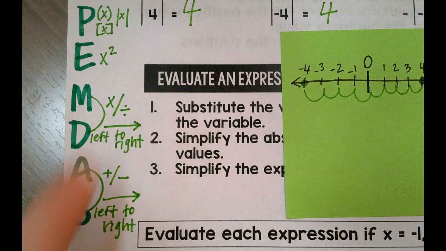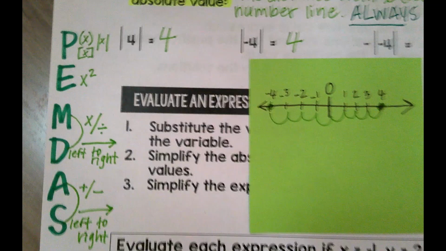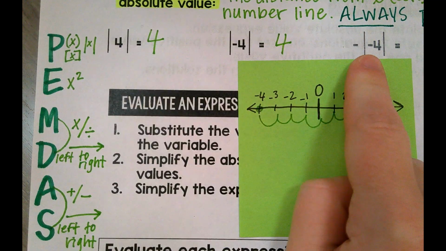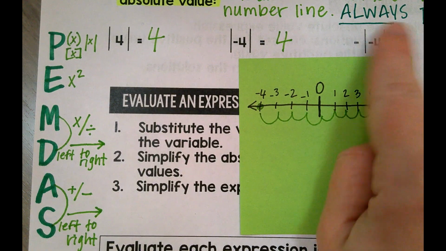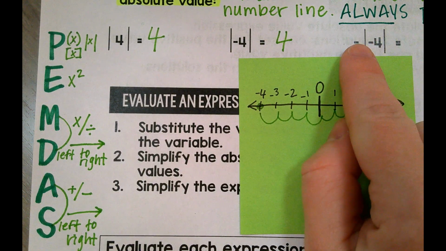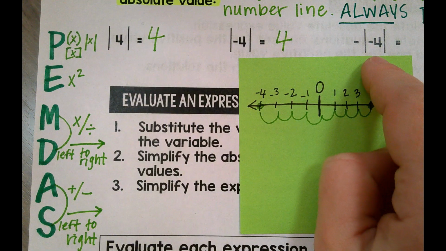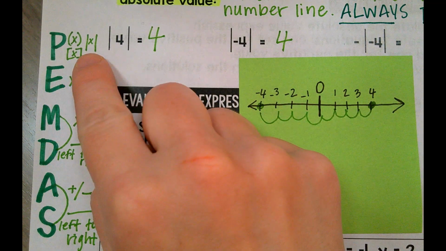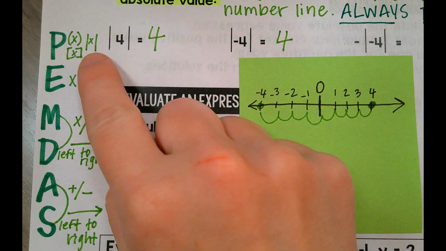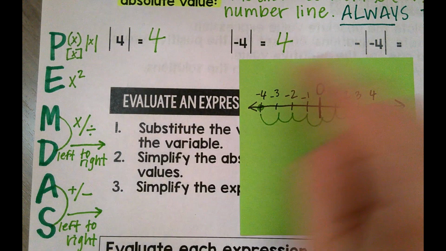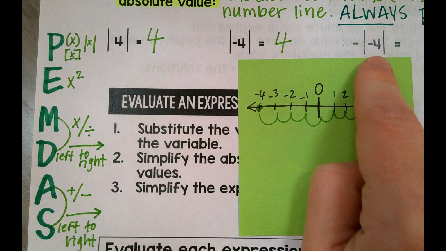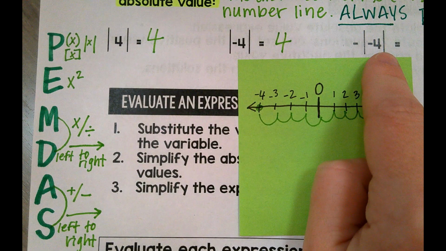So we want to use PEMDAS to help us with this last thing up here, where I have -4 in absolute value bars, and then there's another negative outside of that. So I have grouping symbols. P, parentheses, absolute value bars are like parentheses. So that means we need to look at the absolute value of -4 first.